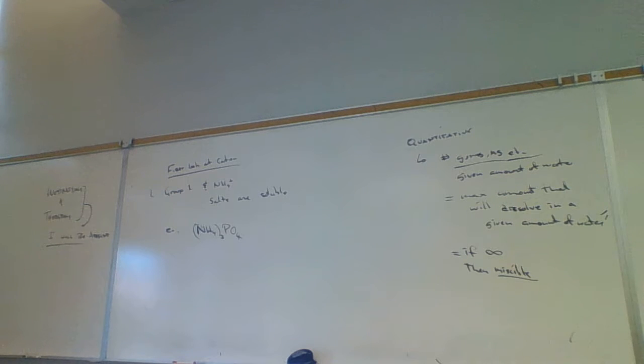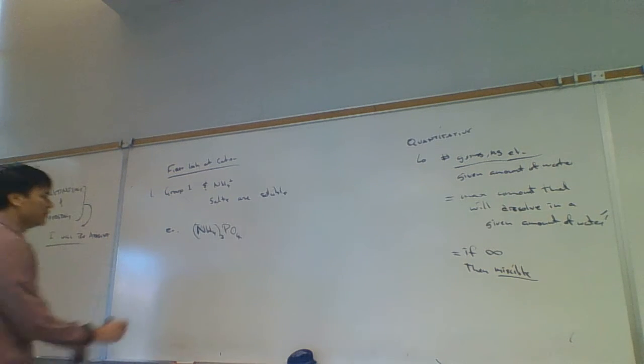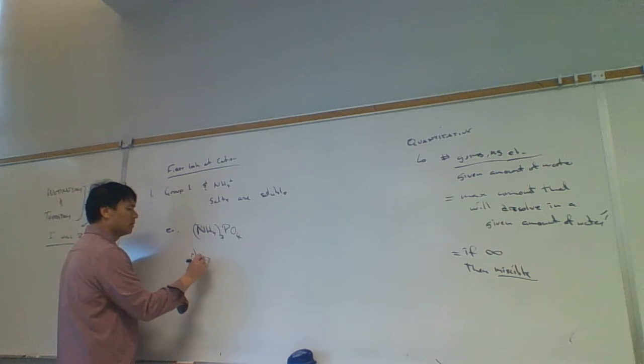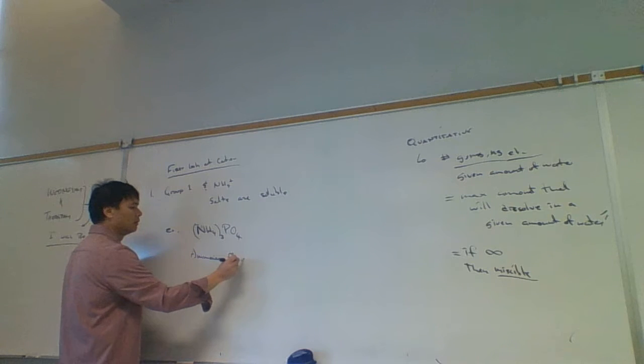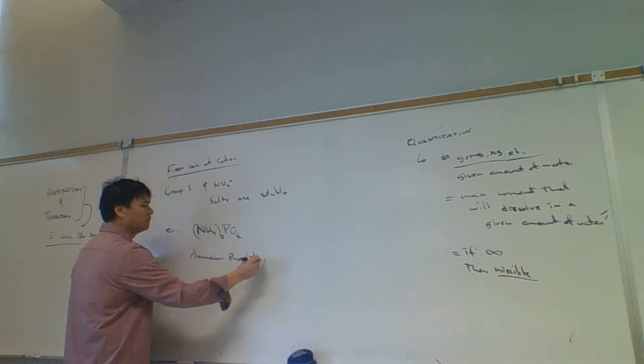Ammonium. This is ionic. Even though this is all non-metals, we still consider this an ionic compound because of the ammonium cation and the phosphate anion. So we would use the ionic nomenclature rules for this. So ammonium phosphate, soluble or not soluble? Ammonium phosphate is soluble.